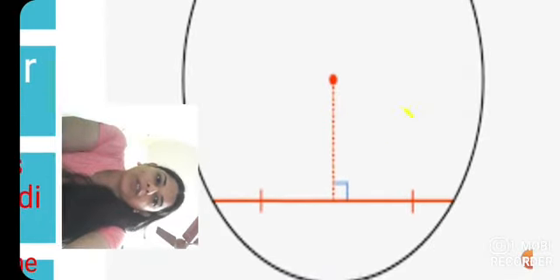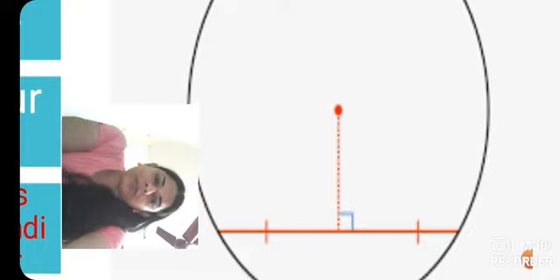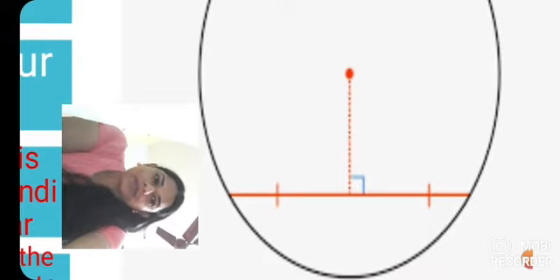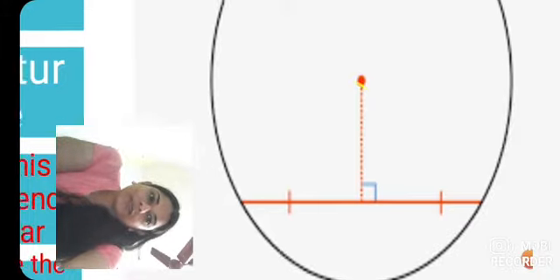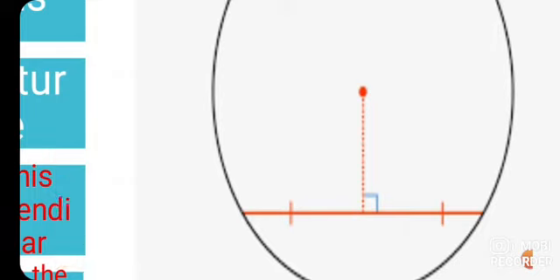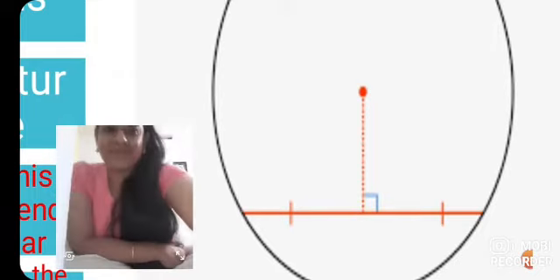And we want to find out the length of the chord. Imagine, do you have any method coming to your mind? Can we draw two radii from here to here? Do you agree with that?